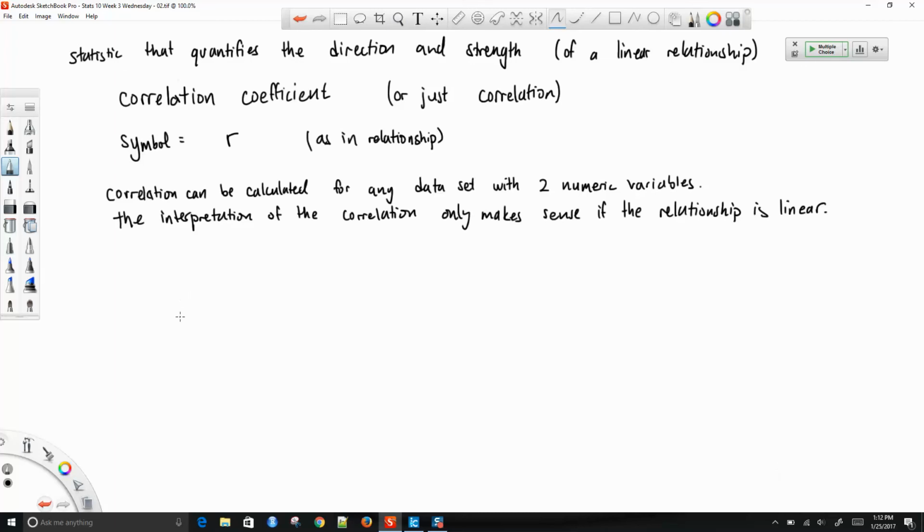All right, so let me just give you some correlation facts or correlation interpretation. Correlation can be any value between -1 and 1 inclusive.